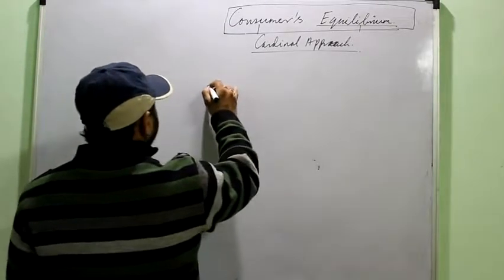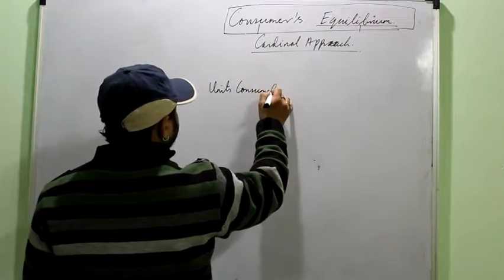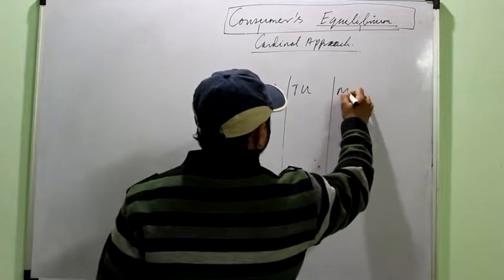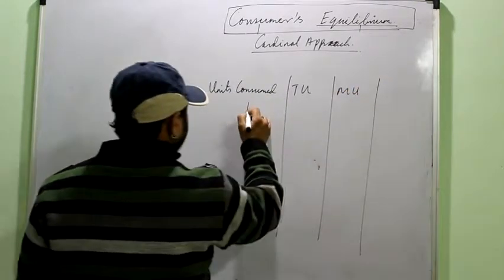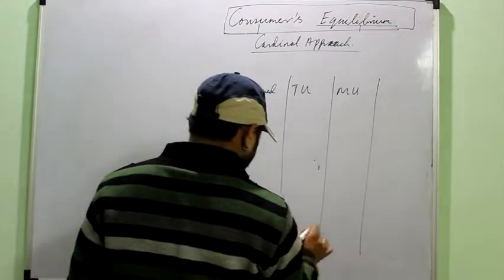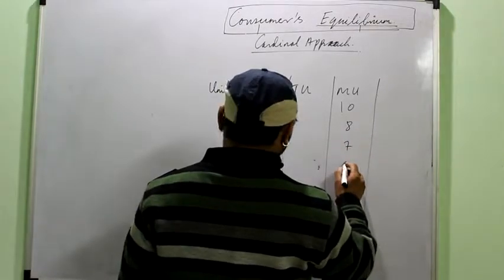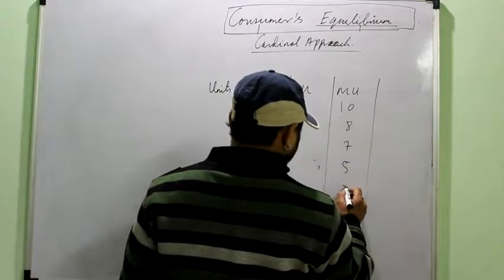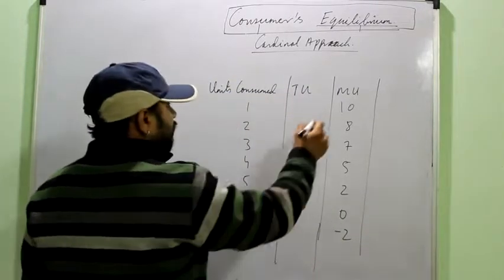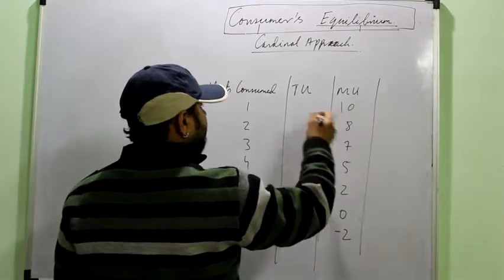Then numerically, suppose these are the units consumed, say total utility and marginal utility. See, why I have drawn marginal utility first, that we will talk about in the second topic.